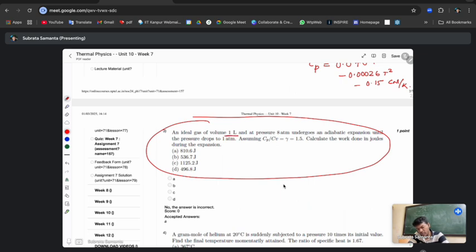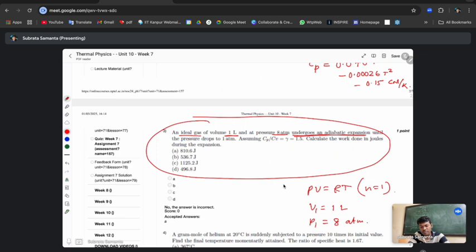For 1 mole of ideal gas, the equation of state is PV equals RT, where n equals 1. Let's say V1 is 1 liter and P1 is 8 atm, and it undergoes an adiabatic expansion. This is important.